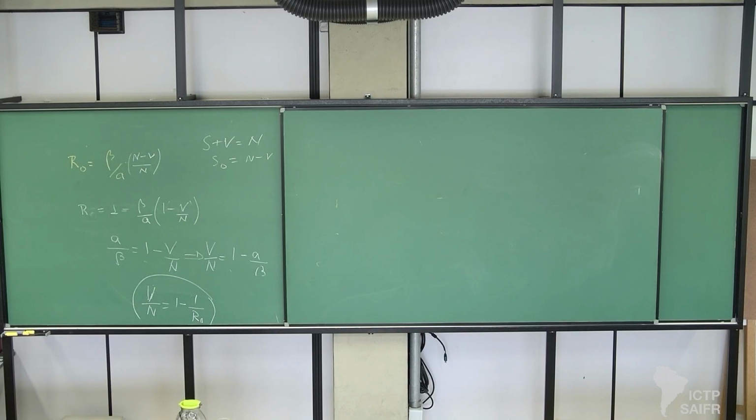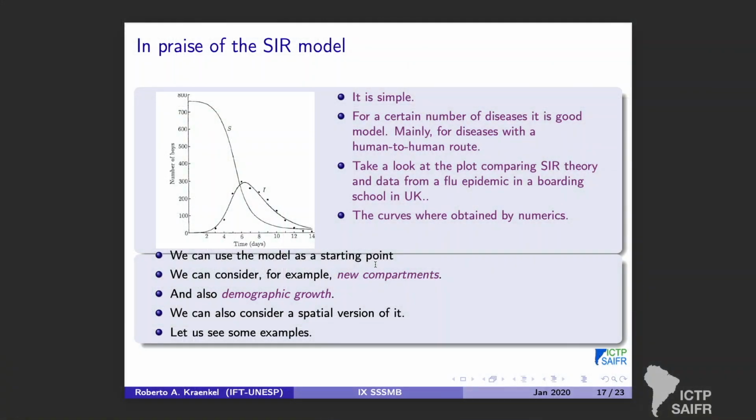So just for you to have an idea, the epidemic curves for the SIR model look like this. Here, come on. Oh, okay, there's a problem with this. So here it is.